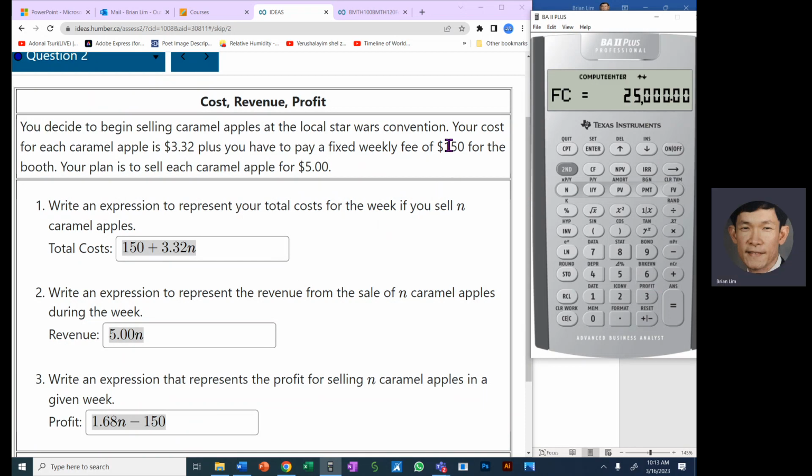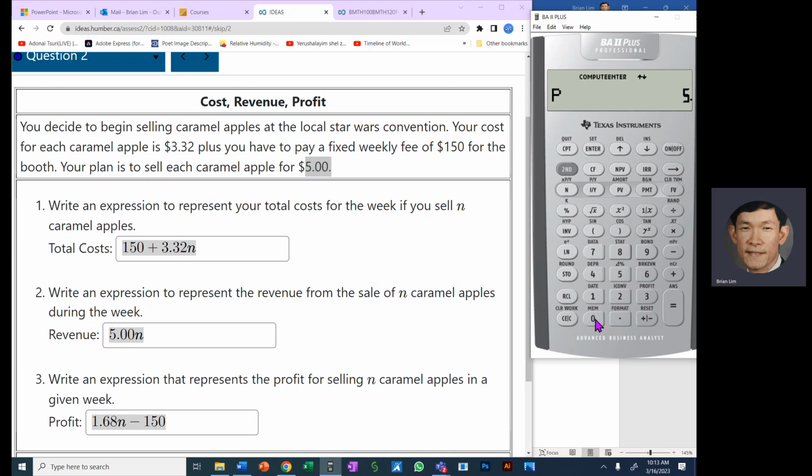Fixed costs are, the weekly fee is $150, so we enter 150. Next item, the variable cost is 3.32. So we enter that, 3.32, and the price, P is for the price, meaning the selling price, which is $5.